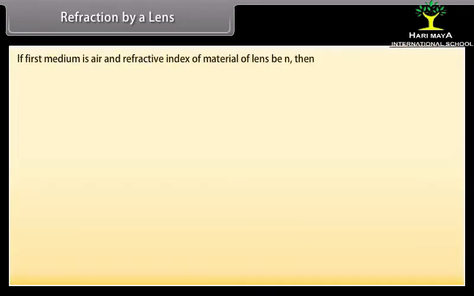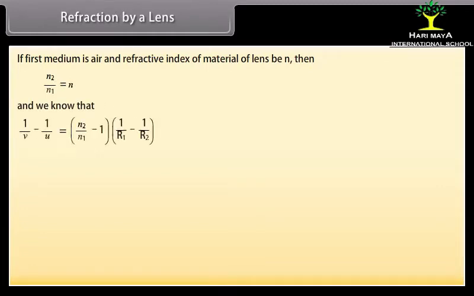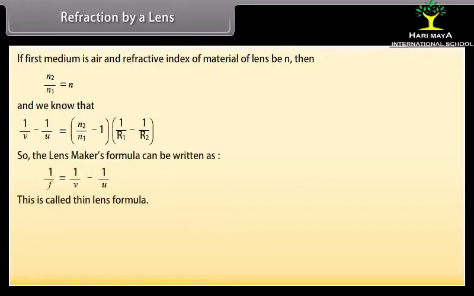If the first medium is air and refractive index of material of lens be n, then N2 upon N1 is equal to n. And we know that, so the lens maker's formula can be written as follows. This is called thin lens formula.